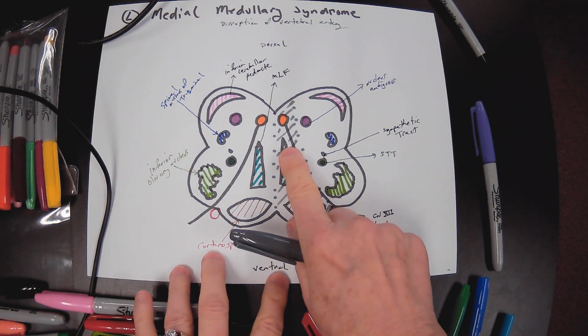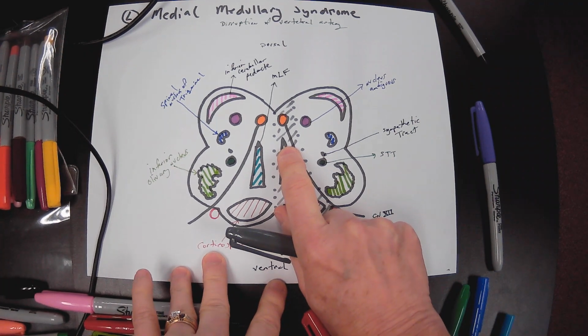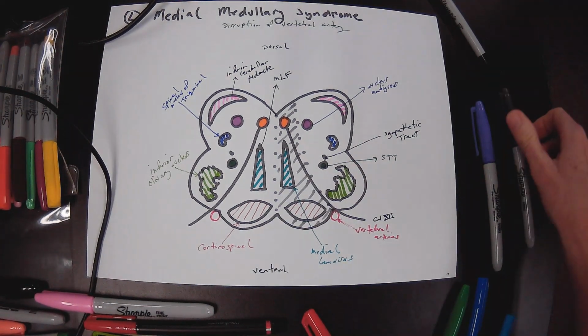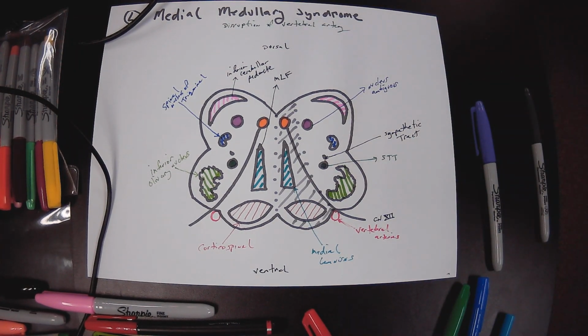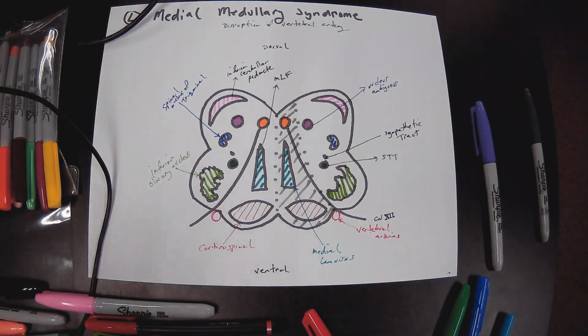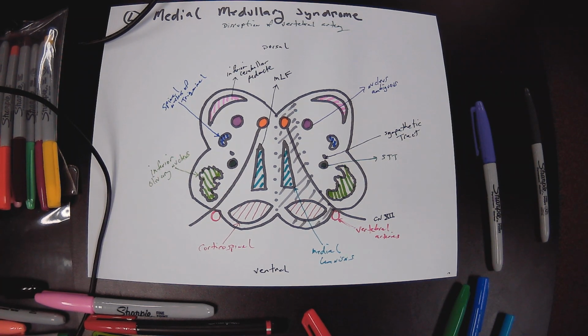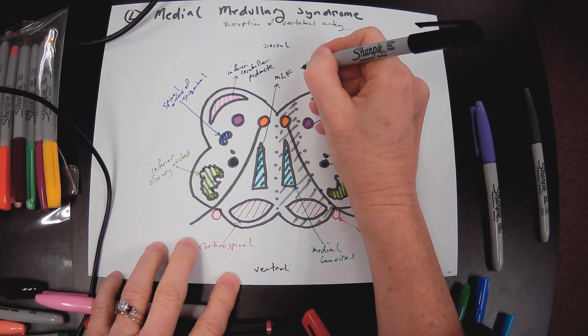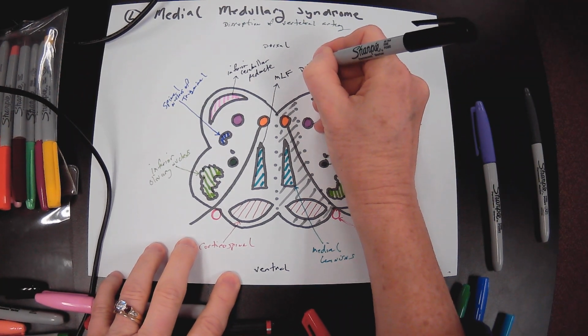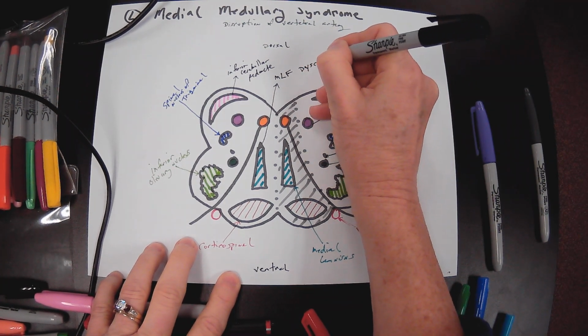Okay, if your medial longitudinal fasciculus is affected, I don't know, did we talk about what kinds of symptoms you get if your MLF was affected? What do you think? Something's wrong with your eyes, right? Your eyes aren't moving together. If your eyes are moving together, that's called a conjugate gaze. So if your MLF is disrupted, you're going to get a dysconjugate gaze, D-Y-S-C-O.